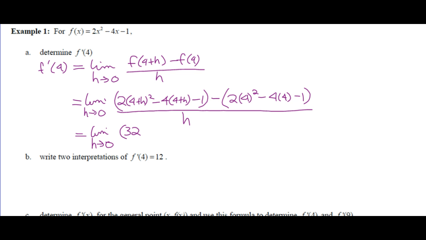Plus 8h, okay, but we've got to multiply by 2, so let's go plus 16h. Plus h squared, multiplied by 2, so plus 2h squared. Minus 16, minus 4h, minus 1. All right, so that's the expansion of this.